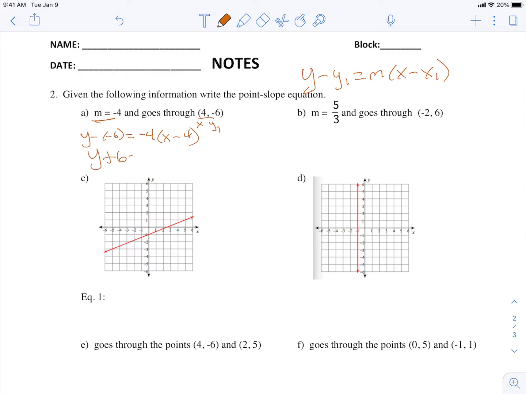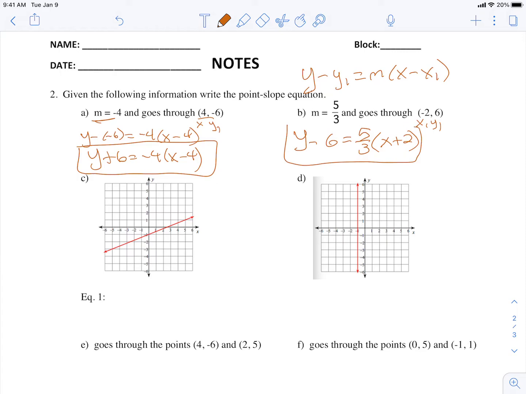Y plus 6 is equal to -4 times x minus 4. Resist the urge to distribute. Over here, x1, y1: y minus 6 is equal to 5/3 times x plus 2. See what I did there? I just went ahead and wrote the opposite.